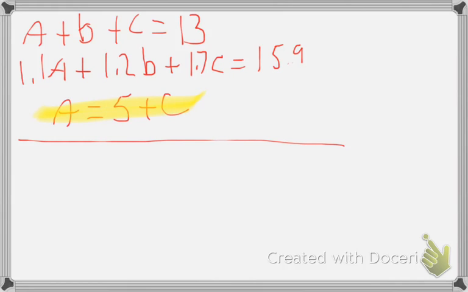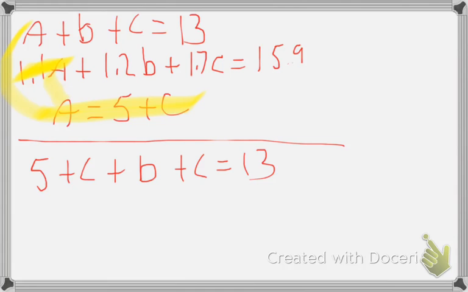All right. So now what I suggest we do is we go ahead and plug A into equation 1, which will go right up here, and into equation 2, which will go right in here. So now in the top equation we're going to have 5 plus C for A, and then plus B plus C is going to equal 13.